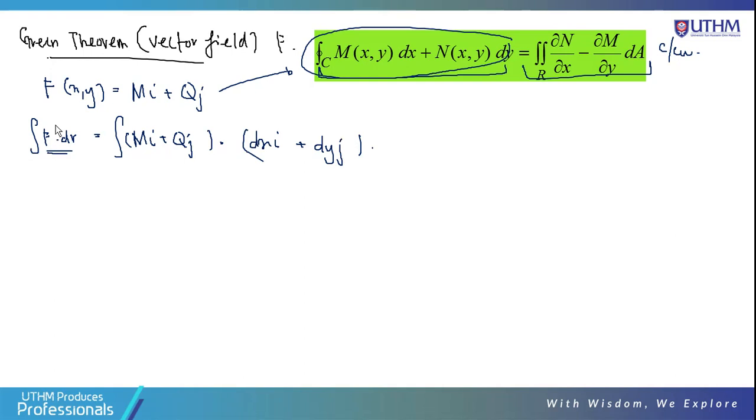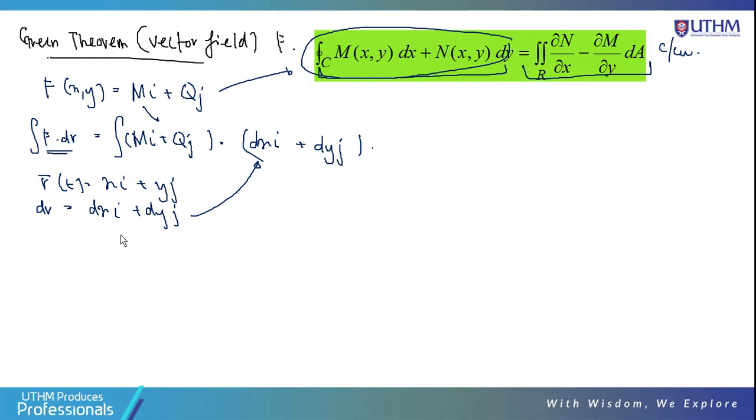Okay, let's say F(x) equal this one and the r prime t equal xi plus yj. Okay, this component so when you found the dr, you get here you derivative this one, derivative dr, so x prime dx i plus dy j. So this one you substitute lah dalam sini and here dalam sini.